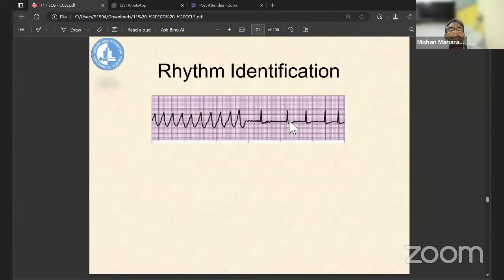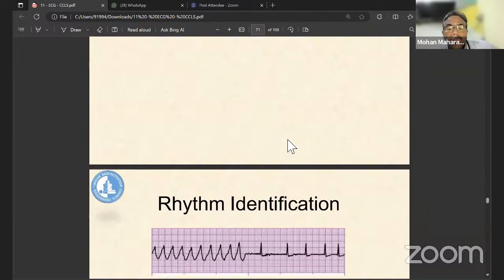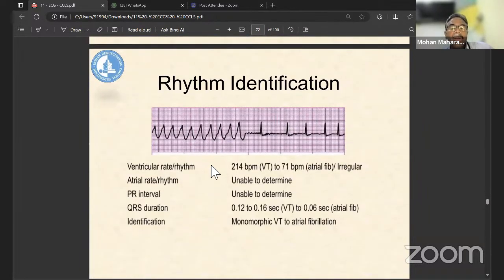Please look at this. What is this rhythm? The ventricular rate is again 271 beats per minute, whereas the atrial rhythm is irregular and unable to determine, as is the PR interval.